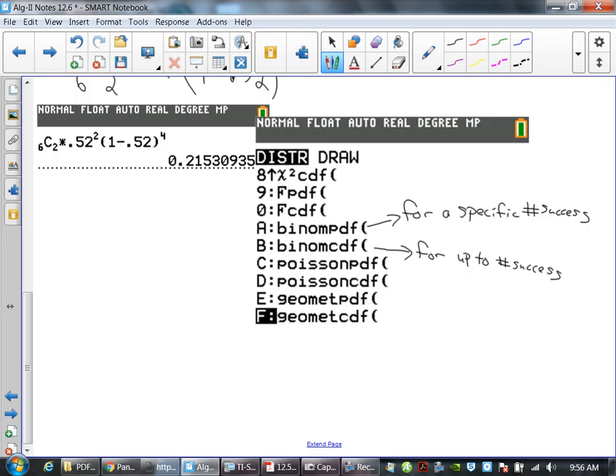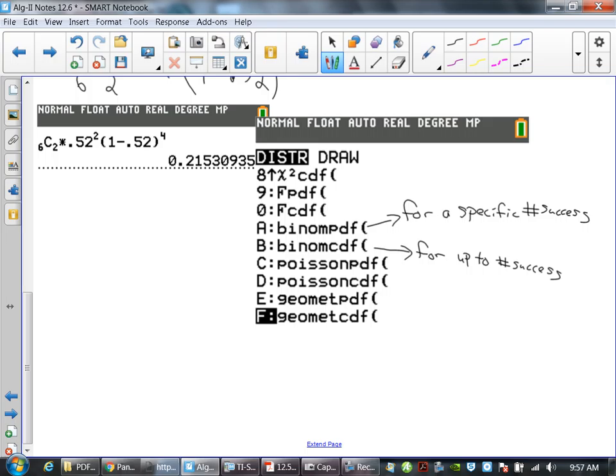You're adding up a bunch of them, up to 3. What is the probability I'm going to get at most 3 successes out of 6 trials? That's when you're going to use CDF. So PDF is exact, CDF is combining a bunch of them, summing them together. I'll show you that example next.